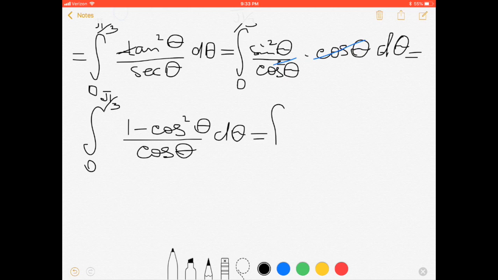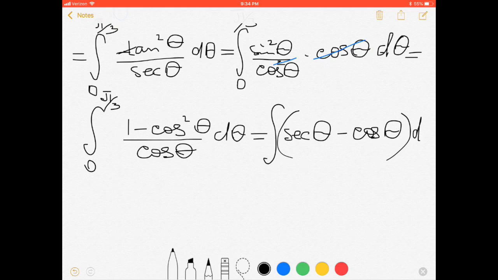Separate into two fractions. 1 over cosine gives me secant theta. Cosine square over cosine gives me cosine theta. d theta from 0 to pi over 3.